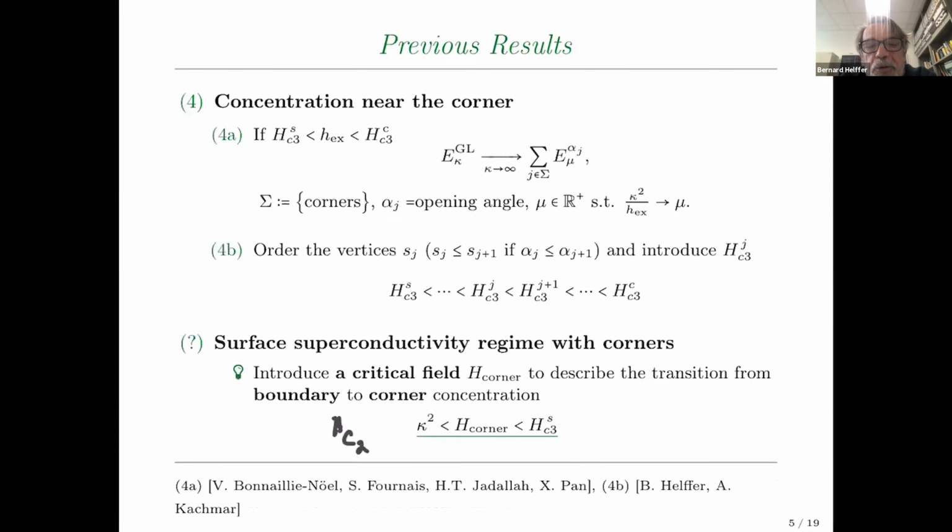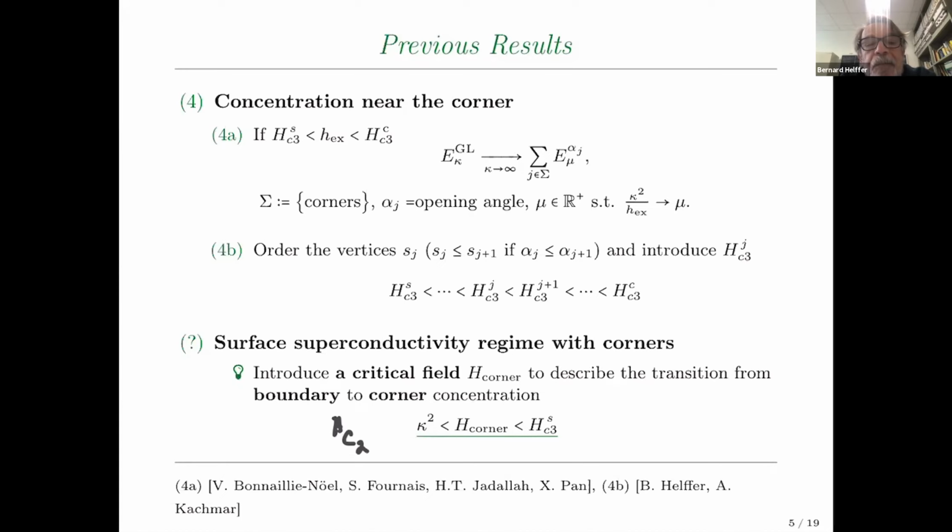But in your approach, can you analyze the situation for an angle close to pi? We know that if it's more than pi, it's still theta naught, if I remember. But if we have pi minus delta, do you have the expansion for the ground state energy as a function of delta? It should be theta naught minus something.